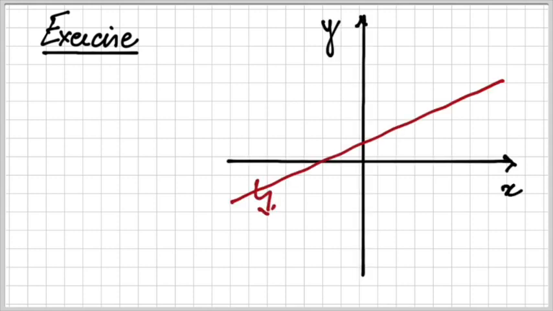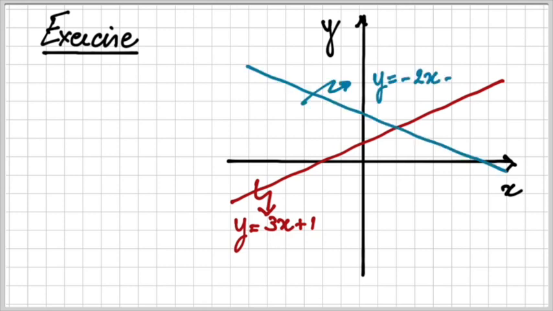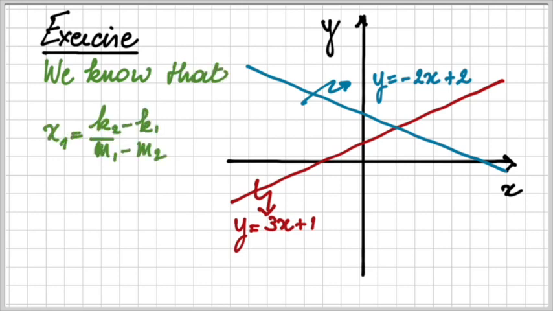Let's have a look at an exercise. We look at two lines here. The first line is y is 3x plus 1. We have a positive slope. And the second line is y is minus 2x plus 2, which is in fact a line with a negative slope. We now can see that x1 is equal to k2 minus k1 divided by m1 minus m2. We found that formula before, or we can just do the calculations if you want to.